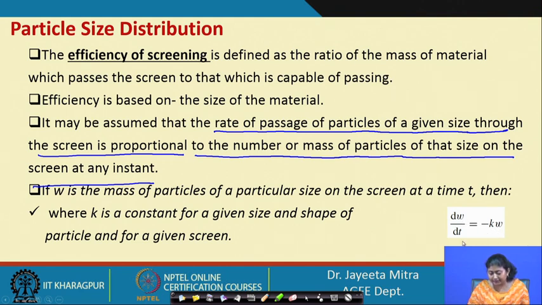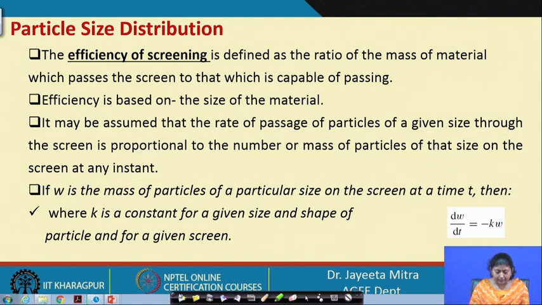That means dW/dt is proportional to W, the mass retained on a particular sieve at any instant, and since this reduces with time, we have kept a minus sign here. k is the constant for a given size and shape of the particle and for a given screen. This is how we can define the rate of passage of a particle.